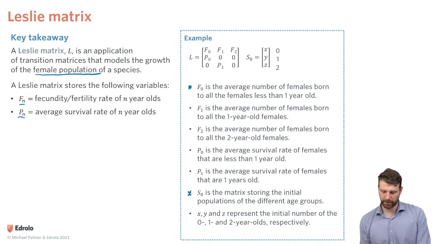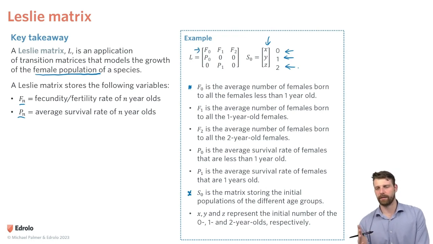Okay, so let's look at these things here to try and decipher what this matrix stores. First off, S0, that's still the initial population. So I've said here X, Y, Z, that's the population of 0-year-olds, 1-year-olds, and 2-year-olds, or 0 to 1-year-olds, 1 to 2-year-olds, and 2 to 3-year-olds. Okay, so that's what those different categories mean. And then along the top row, we have the fertility.